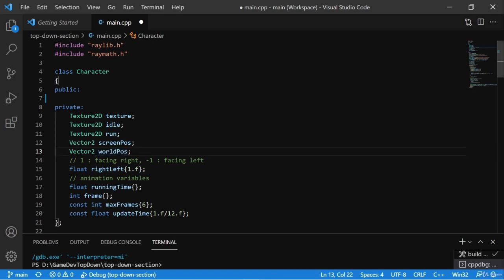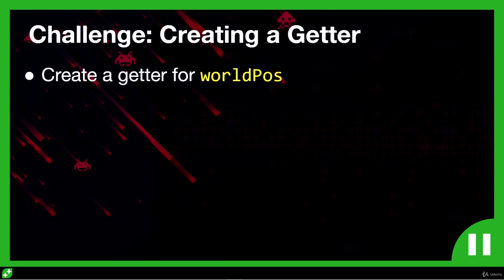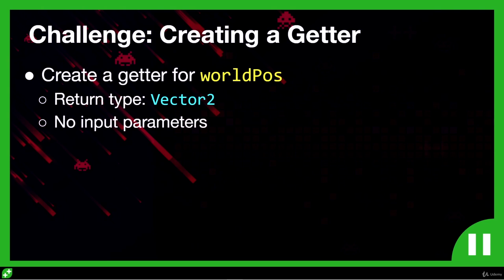Now, since worldPose is a private variable, this means we'll need a getter for this. So your challenge is to create a getter for worldPose. This function will return a value of type Vector2, and it won't have any input parameters. Pause the video and create this getter now.